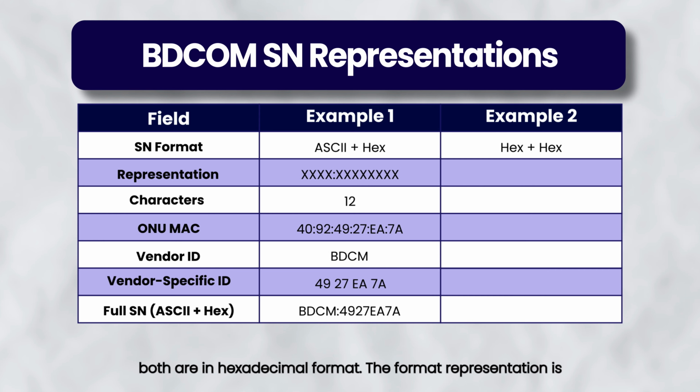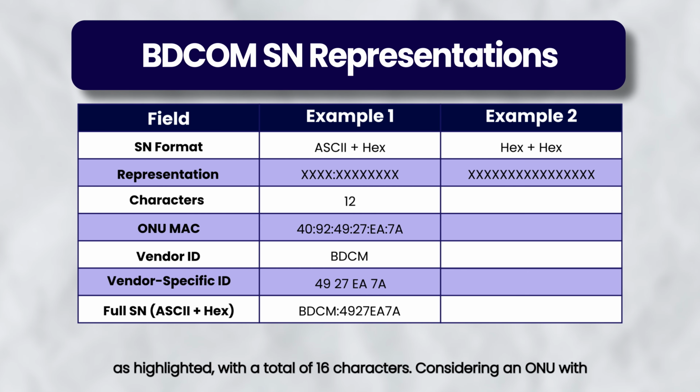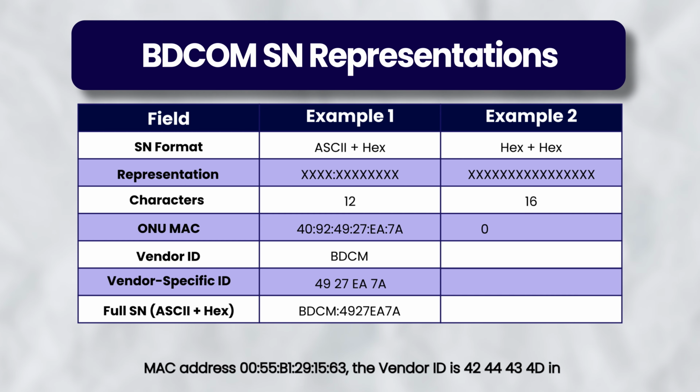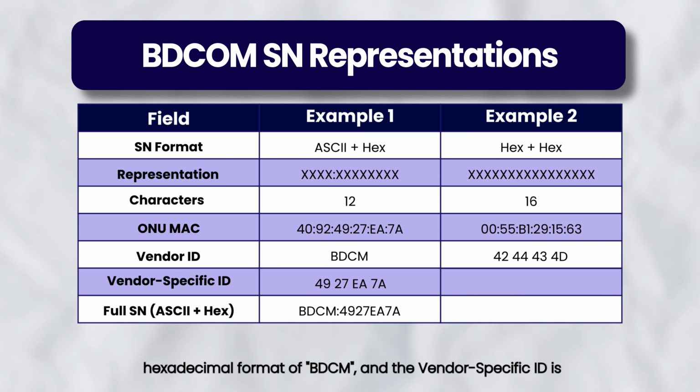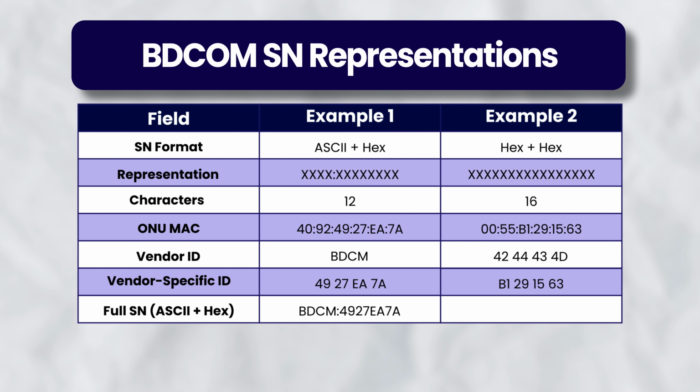both in hexadecimal format. The format representation is as highlighted, with a total of 16 characters. Considering an ONU with MAC address 0055B1291563, the vendor ID is 4244434D in hexadecimal format, of BDCM, and the vendor-specific ID is the last 32 bits of the MAC, which is B1291563.